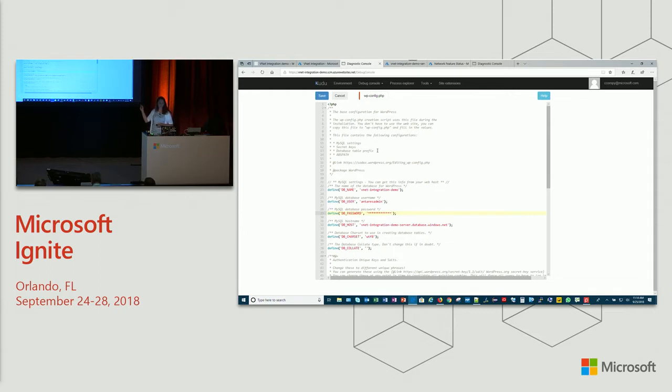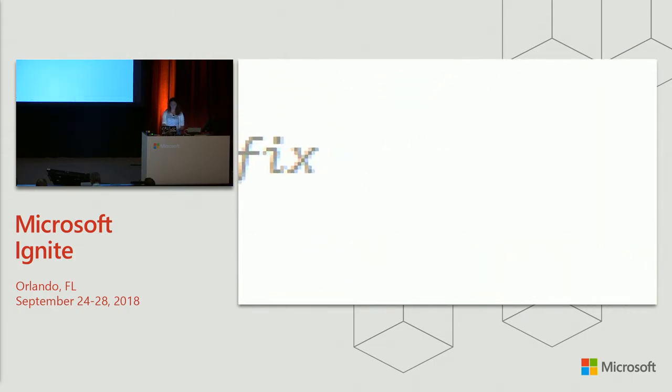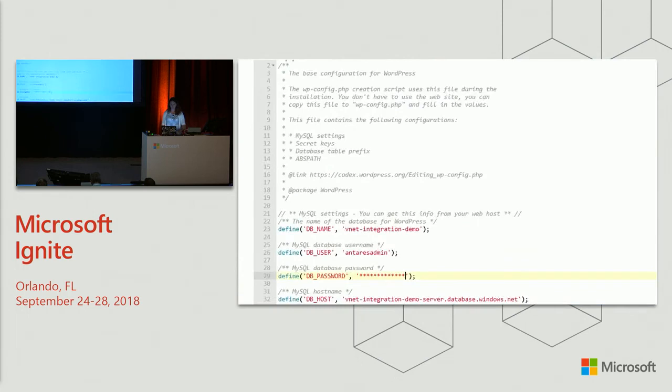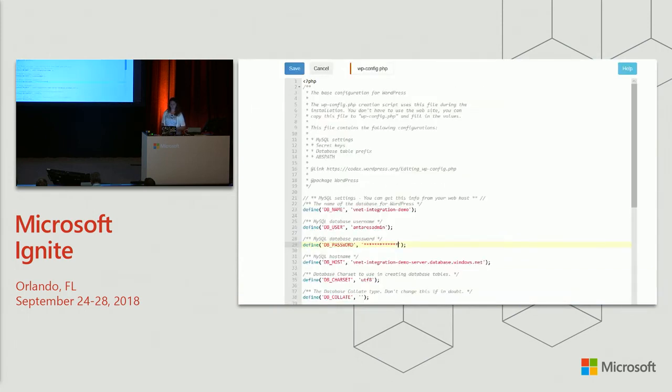And then this is the WP config for my website. The password is just, I typed stars over it because security people would have frowned at me. How can you talk about this but you leave plain text passwords?